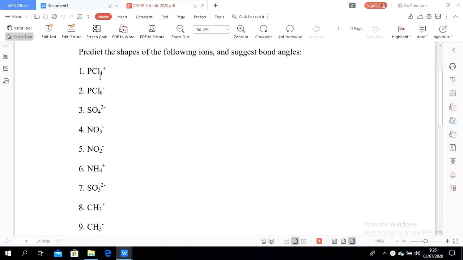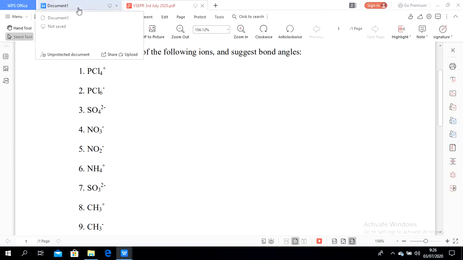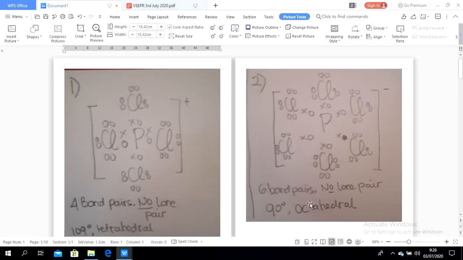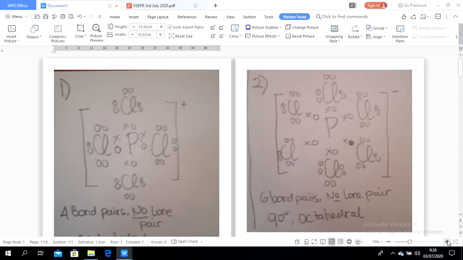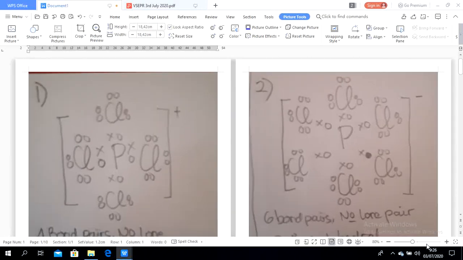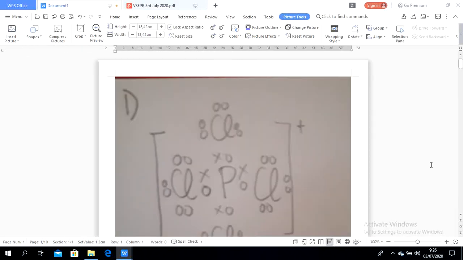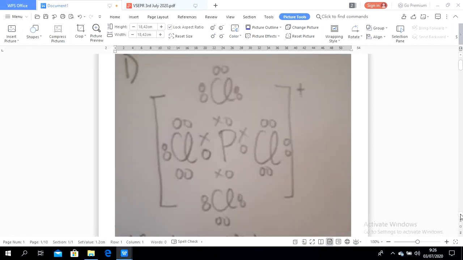Number 1 is PCl4 positive. How's the diagram of PCl4 positive? Let's see this one. PCl4 positive, as we can see here, there is phosphorus. Phosphorus has 5 electrons in the outermost shell. One electron from the phosphorus is moving out from the structure.